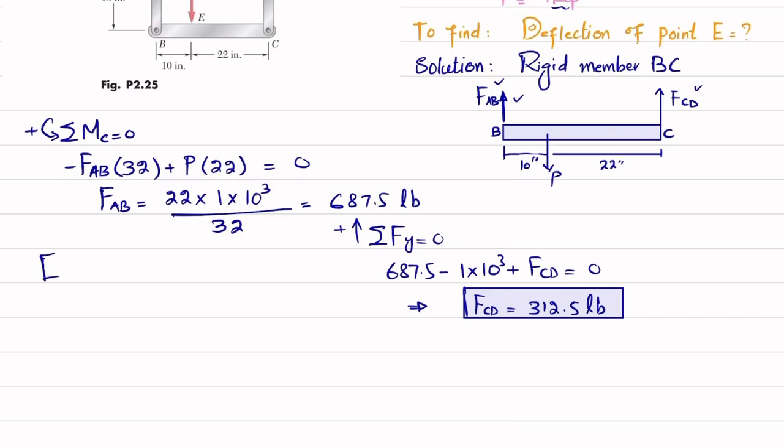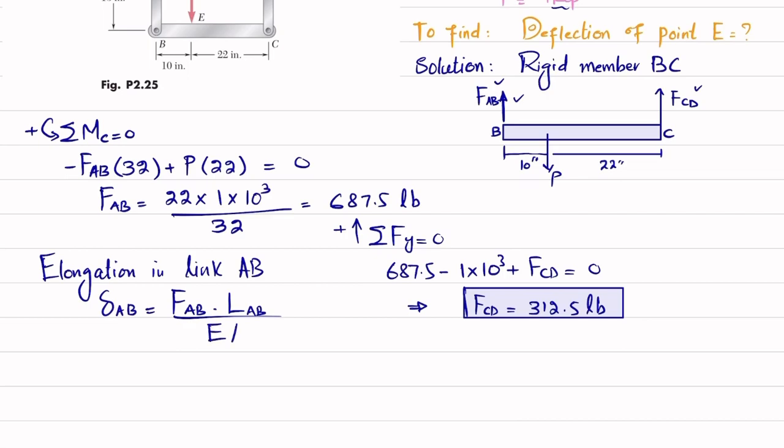So the elongation in link AB is given by change in length of AB is equal to force AB into length of AB divided by E into A. You can see force in AB is equal to 687.5.